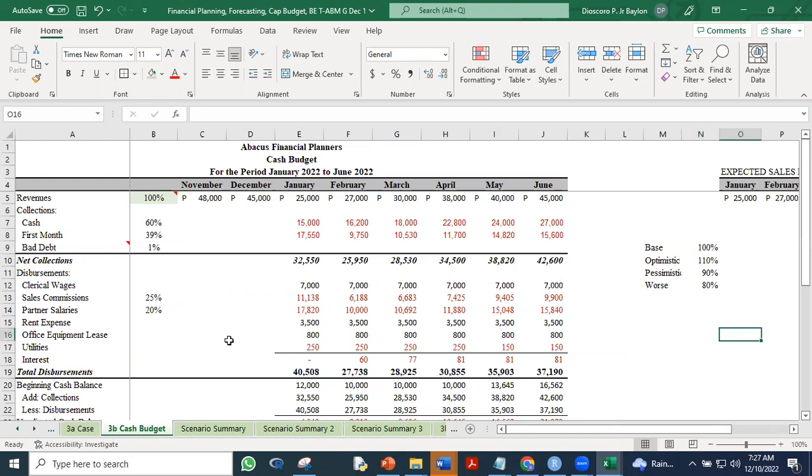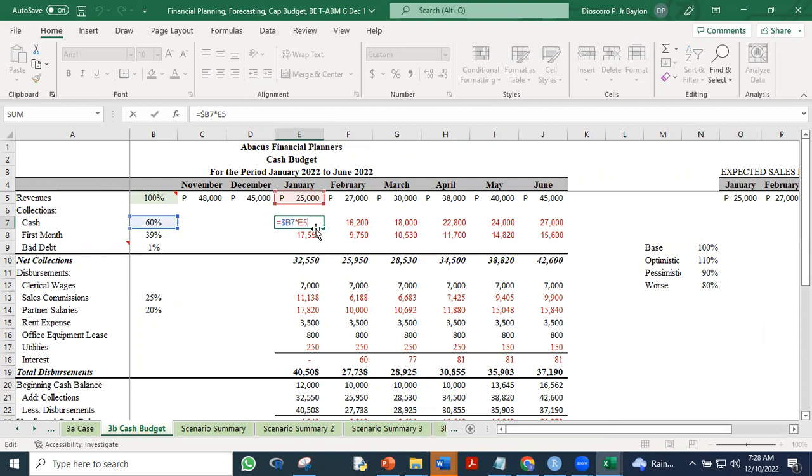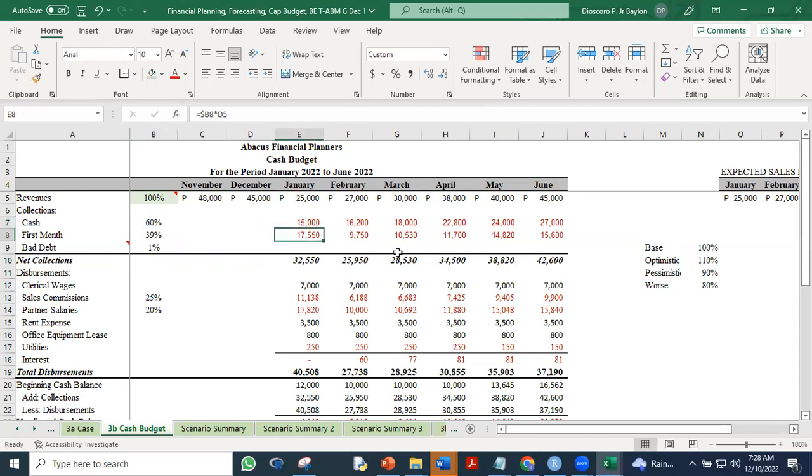But what's important here is for you to learn how to, for example, plot the cash collection based on certain givens, like this one. Okay, we're told that of the revenues of a particular month, 60% will be collected on the same month, and 39% will be collected on the following month. So which means here in January, we will have collections coming from sales of December, and it's only 39%.